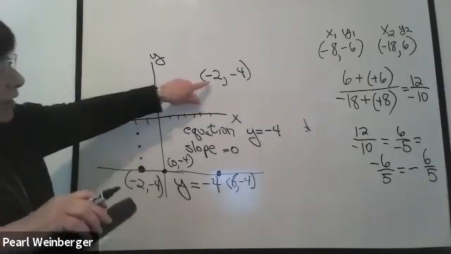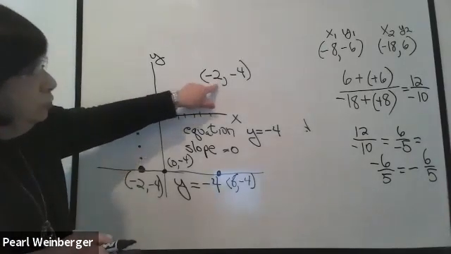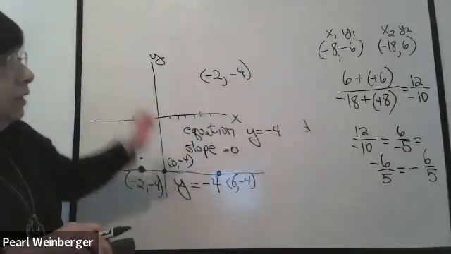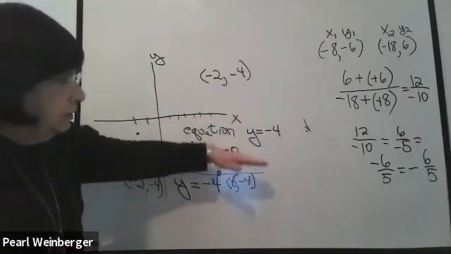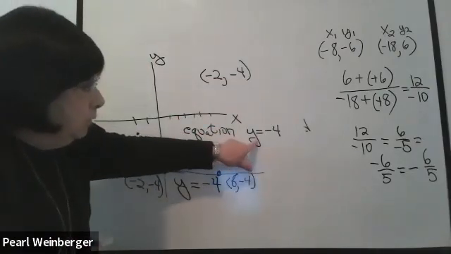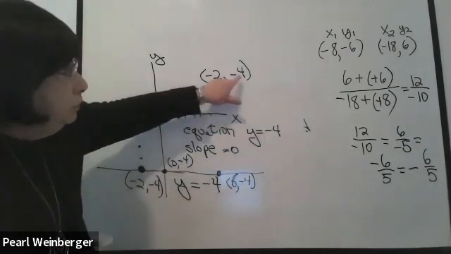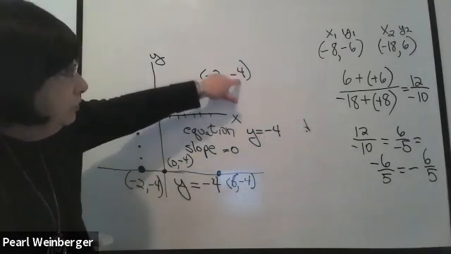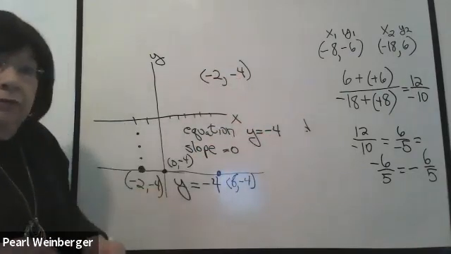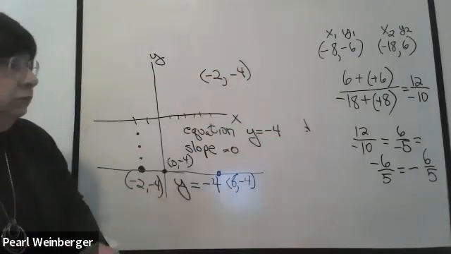So if I give you the point -2, -4 and ask you the equation of the horizontal line, I know it is going to be y equals a number. All I have to do is look at the y value on the point. y equals -4.